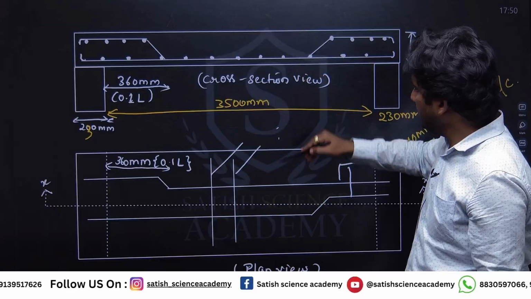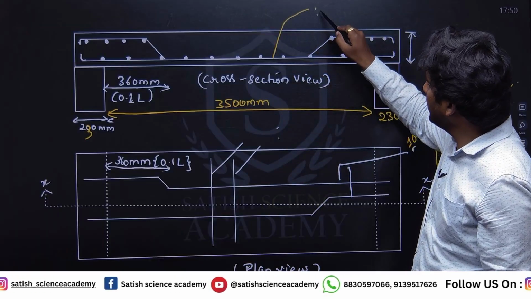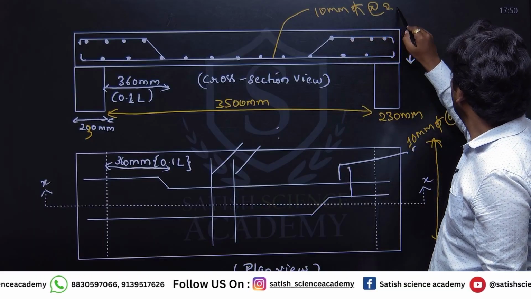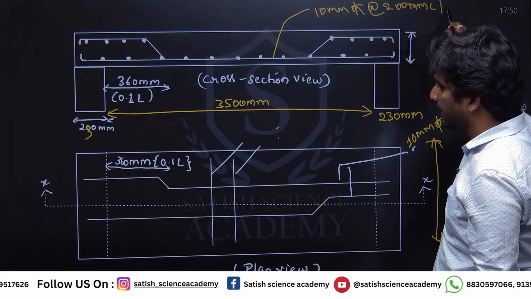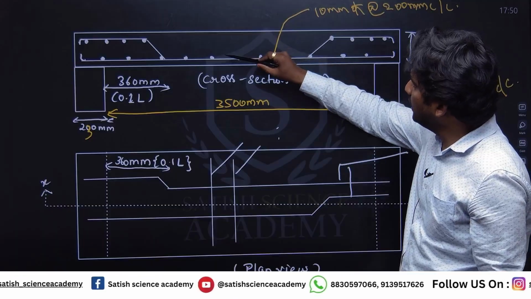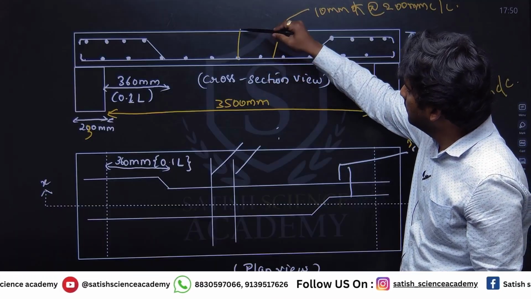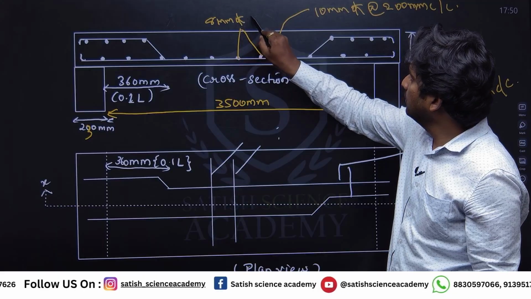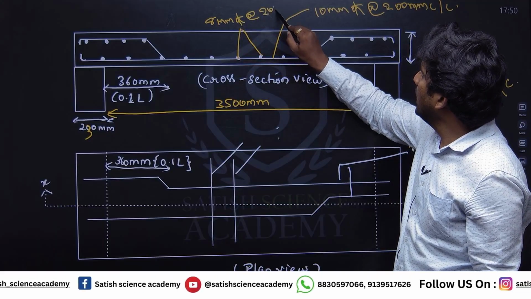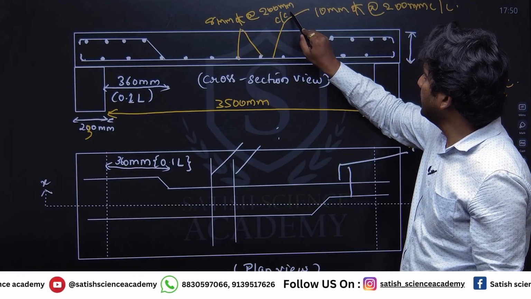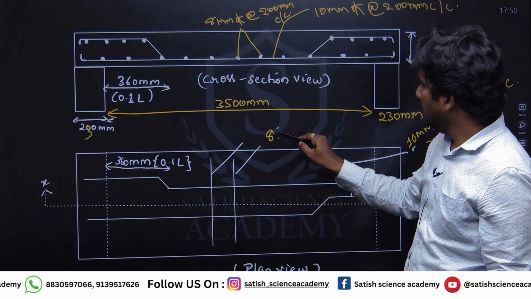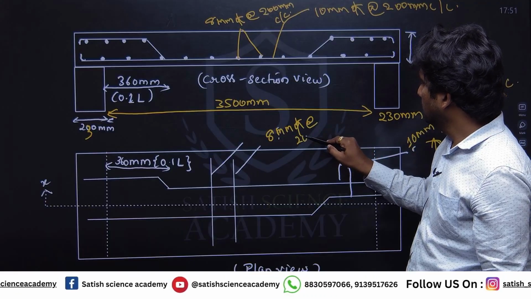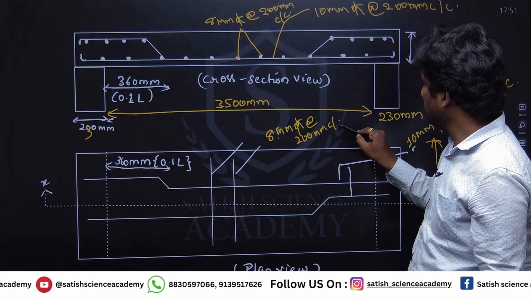Okay, so similarly this will be our main reinforcement, that is 10 mm dia at 200 mm center to center, and these dots are distribution bars. So this is 8 mm dia at 200 mm center to center, and this is also same, 8 mm dia at 200 mm center to center.